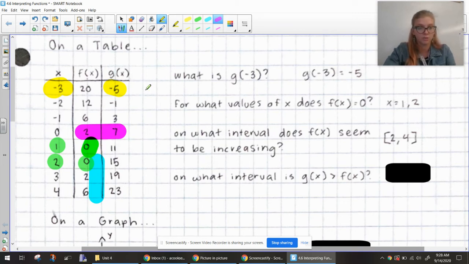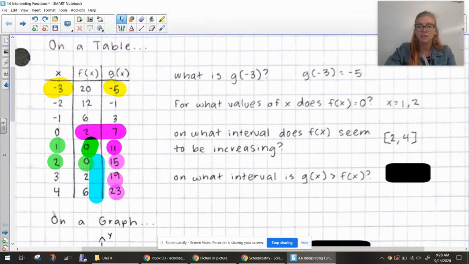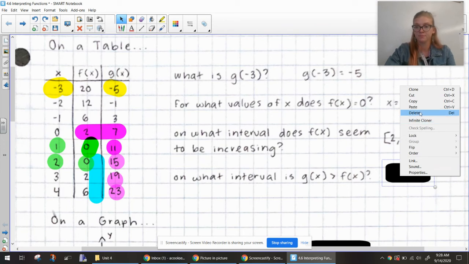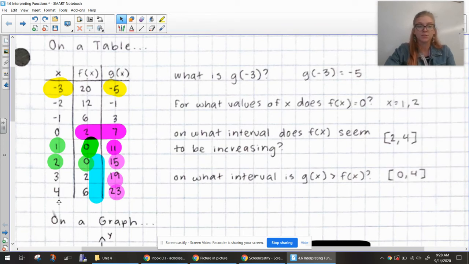Ooh, that did not go well. So let's just highlight the 11. Here, 15 is bigger than 0, 19 is bigger than 2, 23 is bigger than 6. We don't quite know how this pattern is going to continue because we're not thinking about that for this question. So we are only going to look at the x values we can see. So we know for sure that from x equals 0 through x equals 4, g of x is greater than f of x.